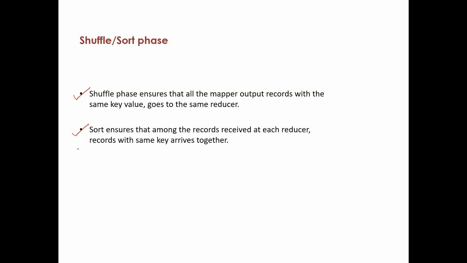So in other words, you can form a structure like key comma a list of values, so v1, v2, and so on and so forth. This format could be achieved.